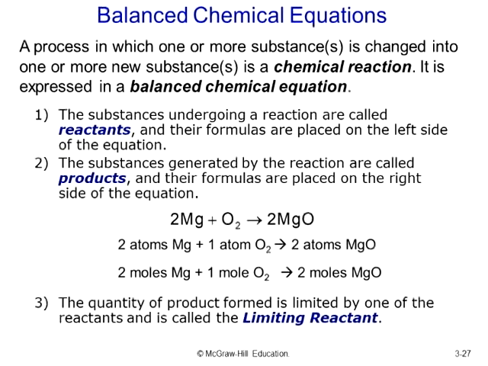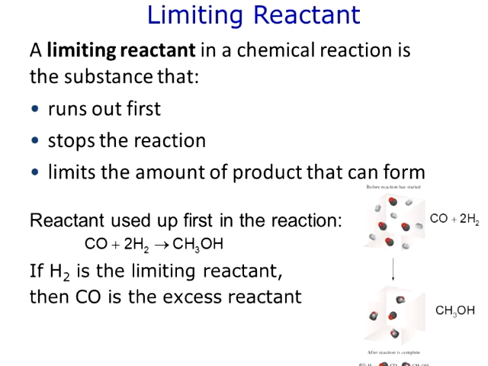A limiting reactant will limit the amount of product produced from the balanced equation. That limiting reactant is what runs out first. That limiting reactant stops the reaction. The other reactant is the one in excess. It is called the excess reactant.